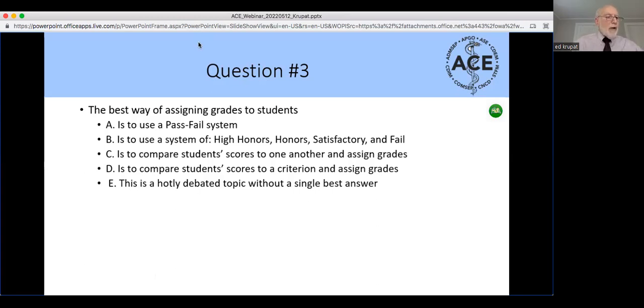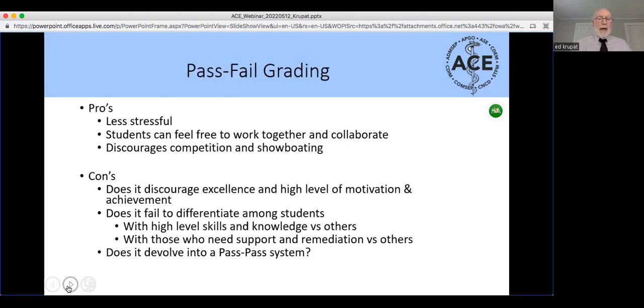So first of all, let's talk about pass-fail grading. First of all, it's far less stressful. And there are many schools that have pass-fail grading. It is much more typical in pre-clerkship than in clerkship.